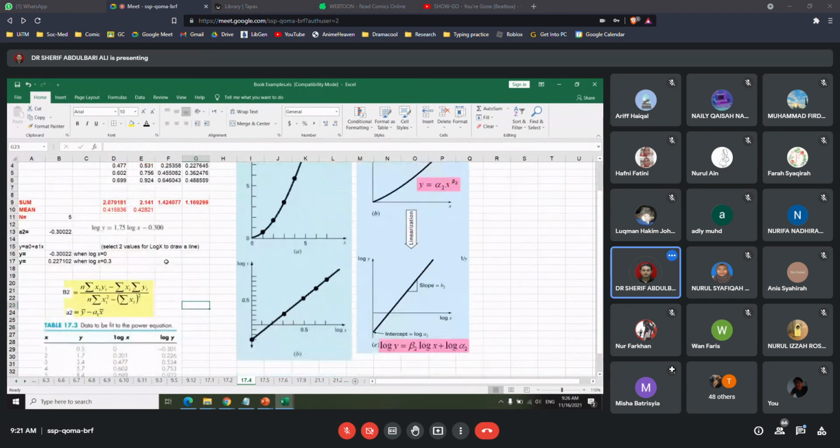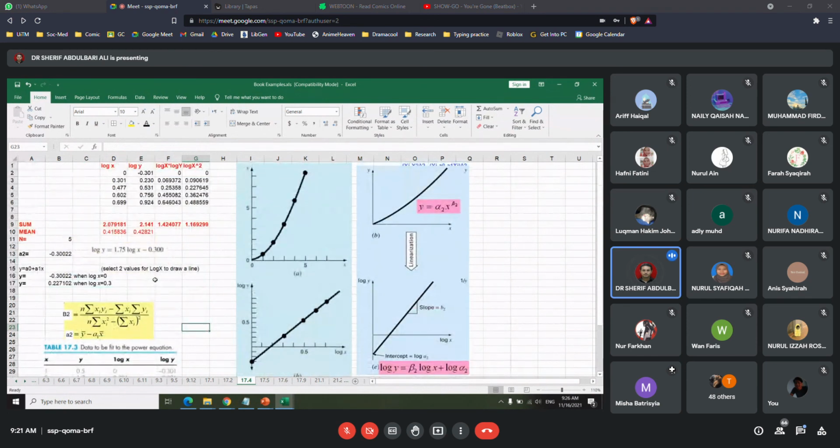Okay, so this is how to get the answer of the model. Try the example. If you have any questions, please do ask. This example in your textbook is 17.4.